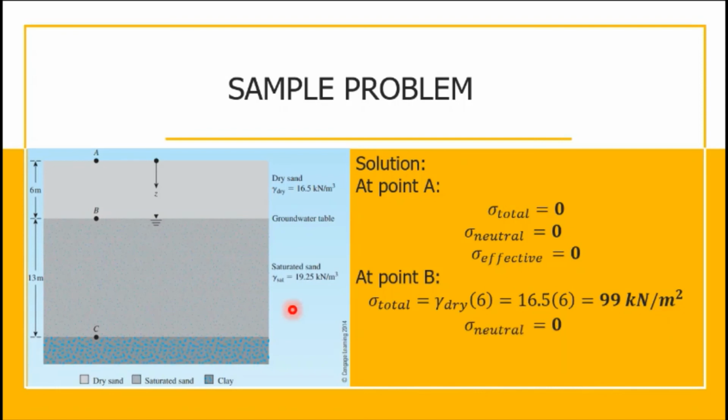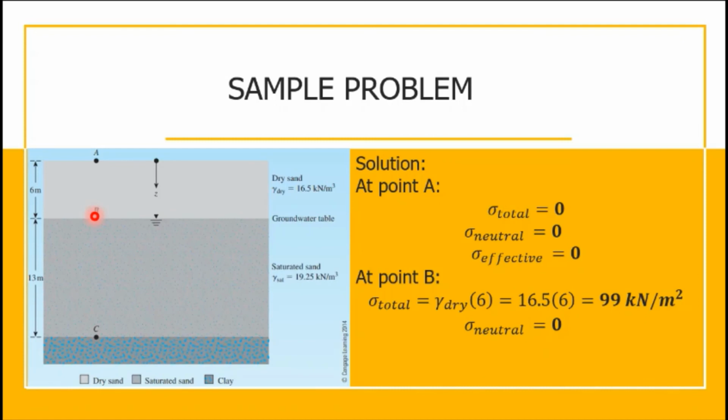And then, if you look at the neutral stress at point B, as I have mentioned, neutral stress is due to water. So we have to get the unit weight of water multiplied by the height from the groundwater table of the point where we are to get the neutral stress.